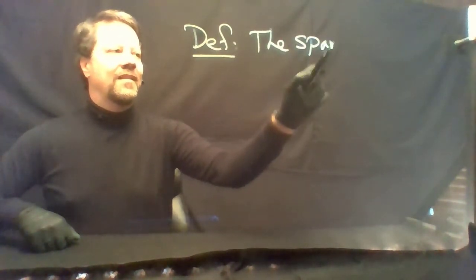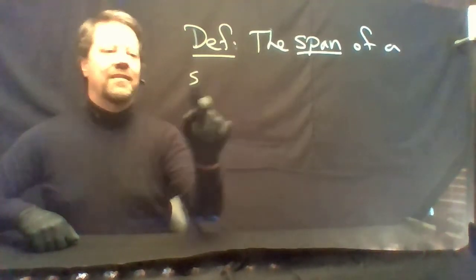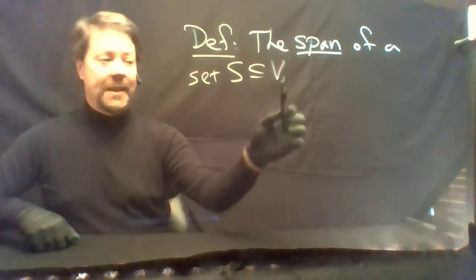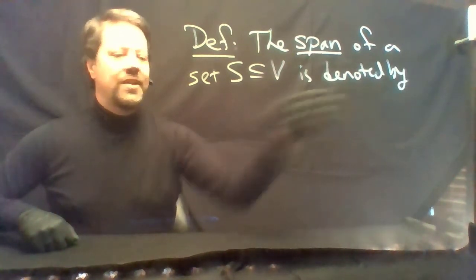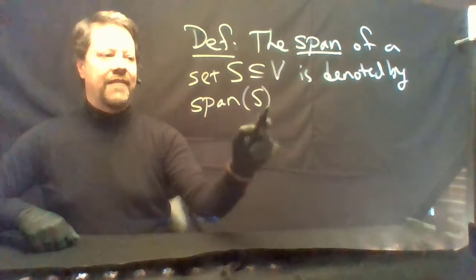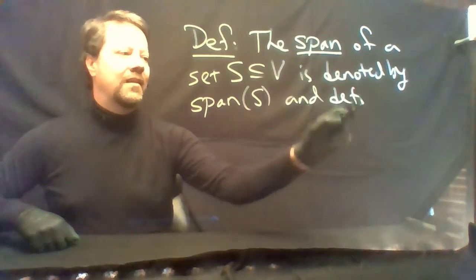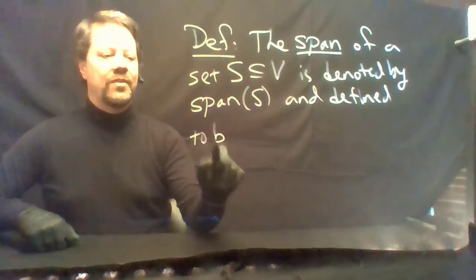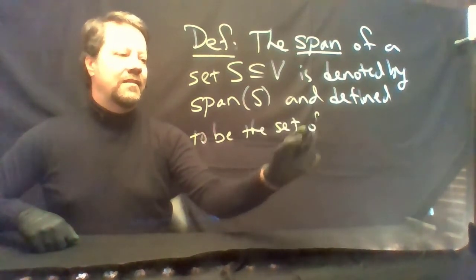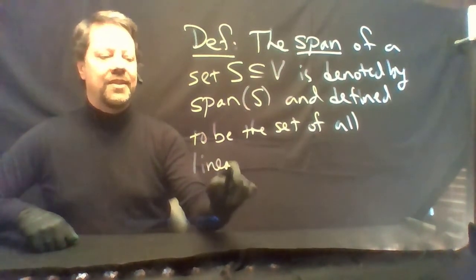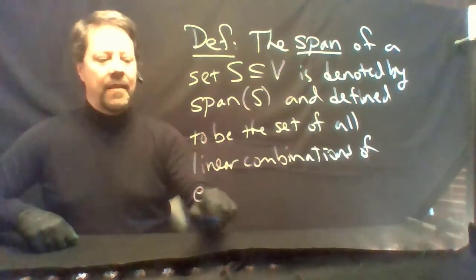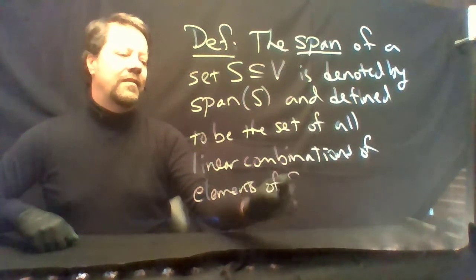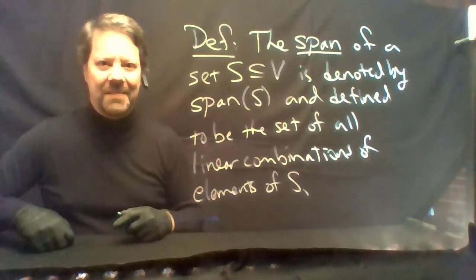Now, the span of a set S, which is a subset of the vector space V, is denoted by span of S and defined to be the set of all linear combinations of elements of S. Let's give an example.